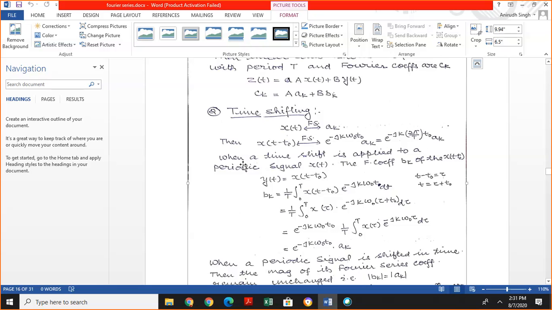Suppose the signal is shifted in time domain and is given by x of t minus t naught. Then first we calculate the Fourier coefficient of this signal. The Fourier coefficient is given by 1 by T, integration 0 to T, x of t minus t naught, exponential minus jk omega t dt.